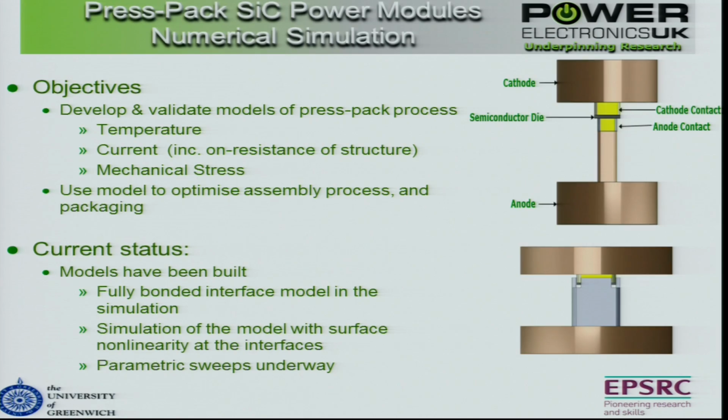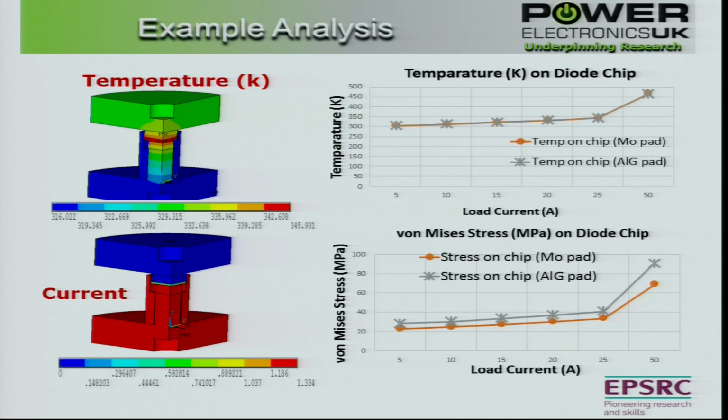But some of the work that we started doing is this FEA type work led by Greenwich, looking at the contact and the contact material. And here are some early results from this project. You can see here that the contact material has very little effect on the temperature at the junction between these materials and the silicon carbide die, but the stress distribution is slightly different as a function of current, depending on the particular type of contact material that's being used.